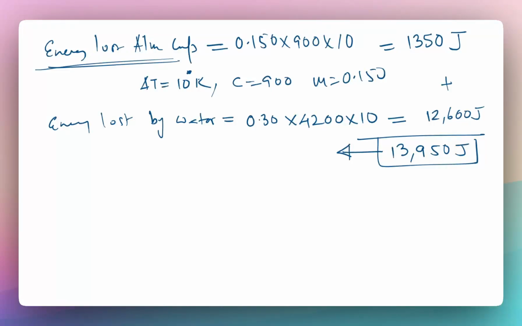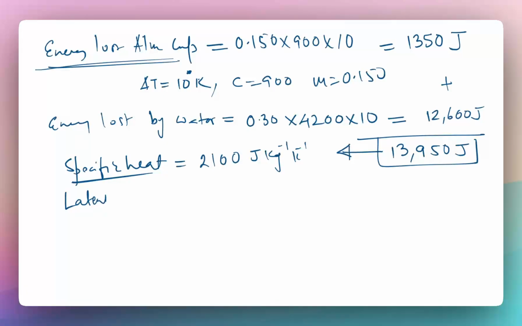Okay. So for that, we are going to need the specific heat capacity of the ice, right? Which I know. Specific heat capacity of the ice is just half of the water's. So this is 2100 joules per kg per Kelvin. And we are also going to need the latent heat of fusion for ice, right?